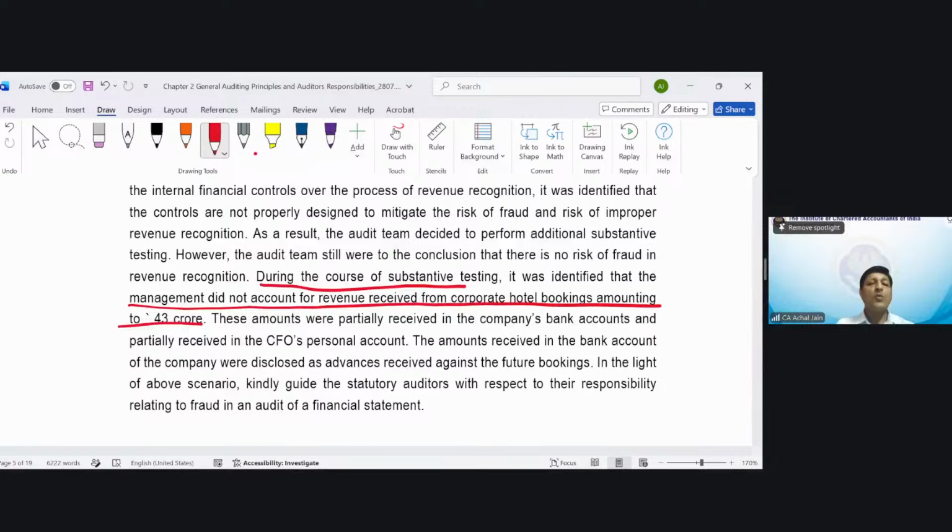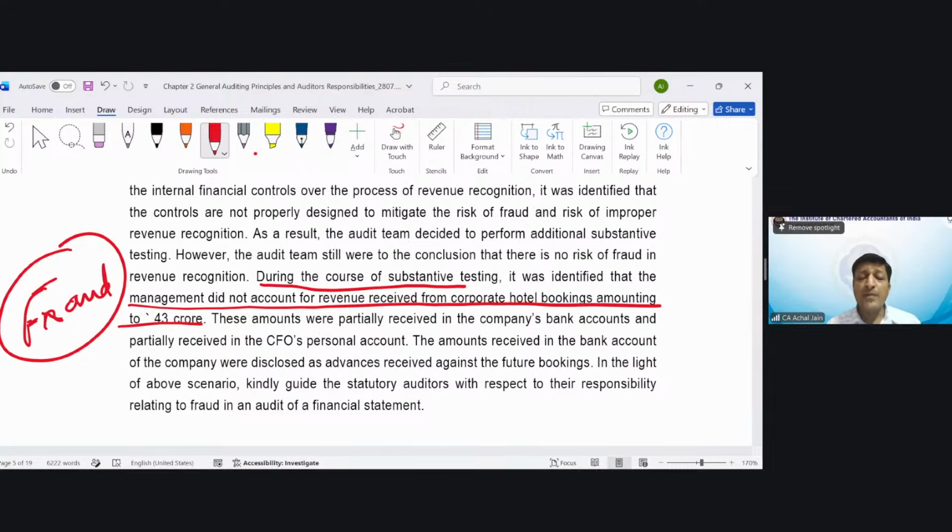Now, these amounts were partially received in the company's bank accounts and partially in the personal account of the CFO. So we have a situation of a fraud. Right? Amounts received in the bank account of the company were disclosed as advances received against the future bookings.